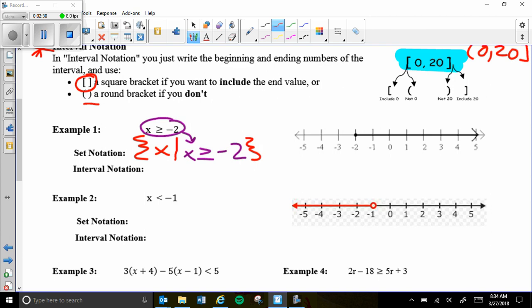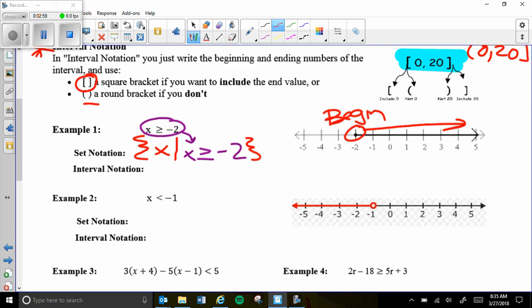So that's set notation. Then when we're talking about interval notation, we're talking about beginning to end. When we talk about beginning to end of our set, we read it left to right. So in this case, our furthest left point is right here. This is where we're going to start. Now when we're talking about arrows in math, because this says it goes on forever, what's that arrow heading towards?